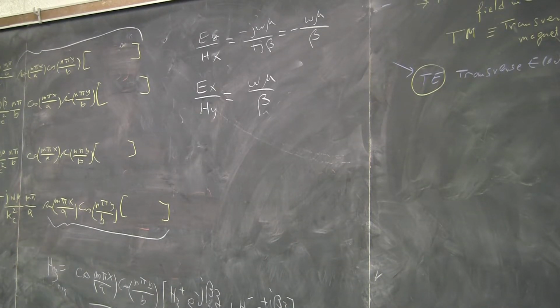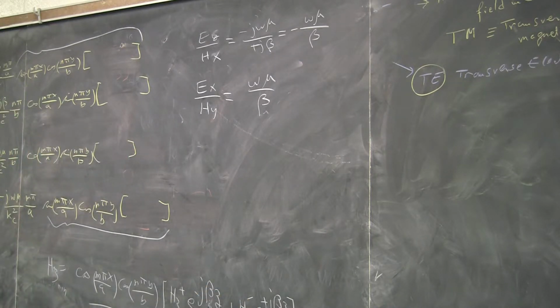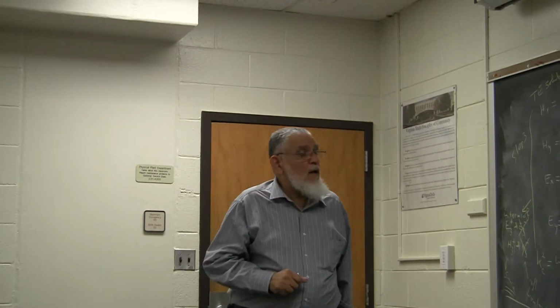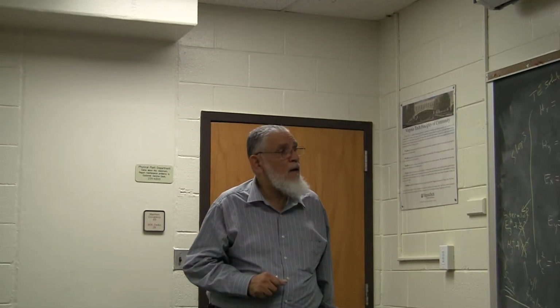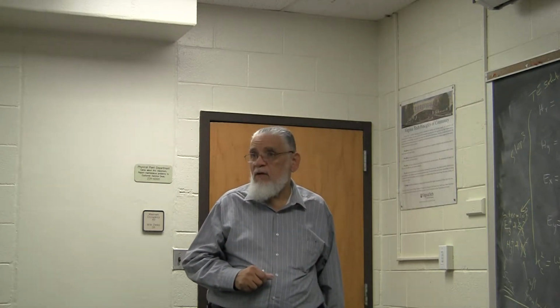The z coefficient. Okay. For all of them? For all of them it is the same, because nothing is going to change. You are differentiating only with respect to x and y, so the z term stays as it is. You guys remember what's the ratio between E over H?